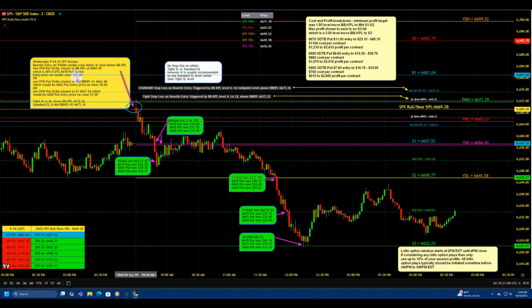So as an example, 10% of 11 is $1.10. 15% would be roughly $1.65 or so, or you could even go up to 20%, which would be $2.20.